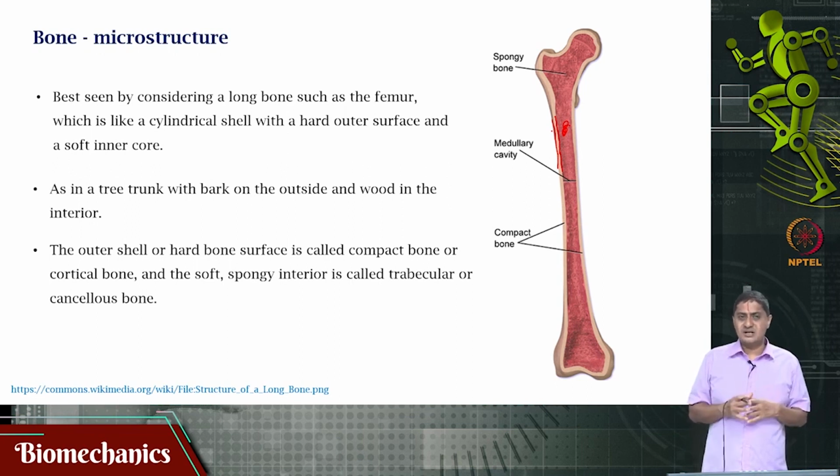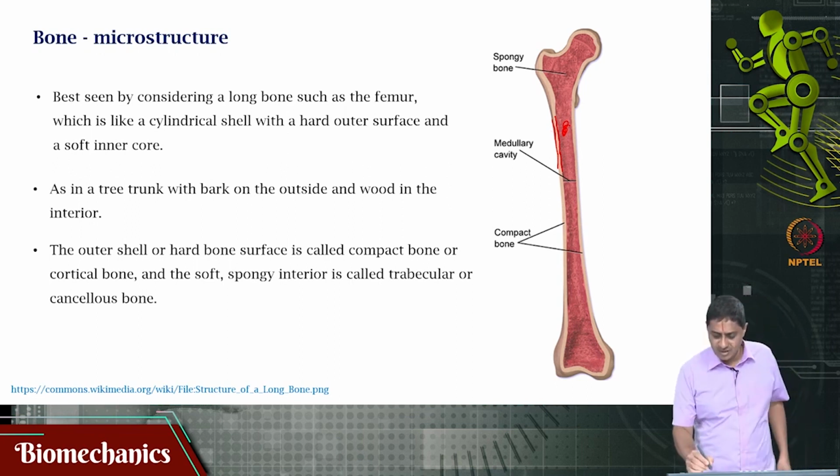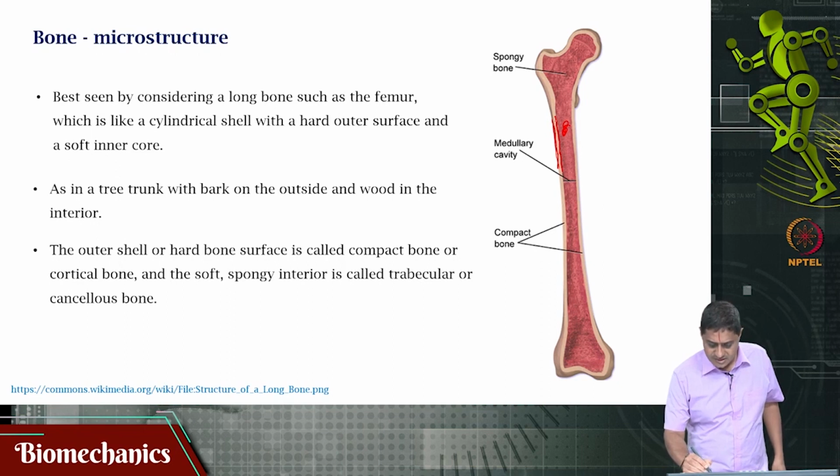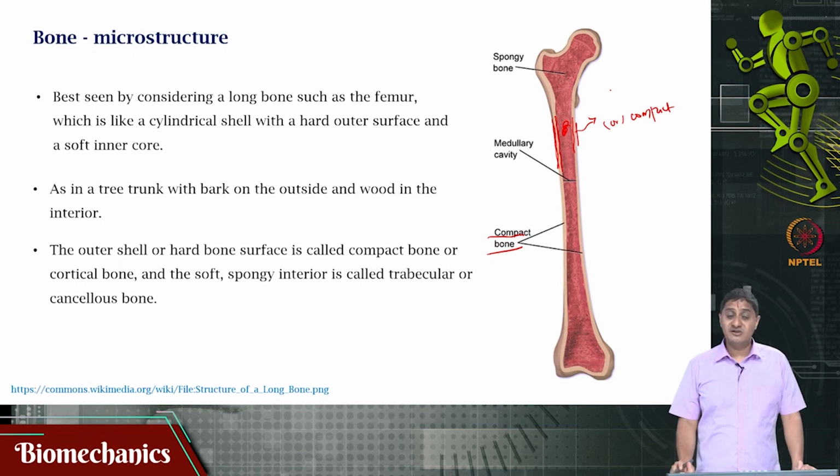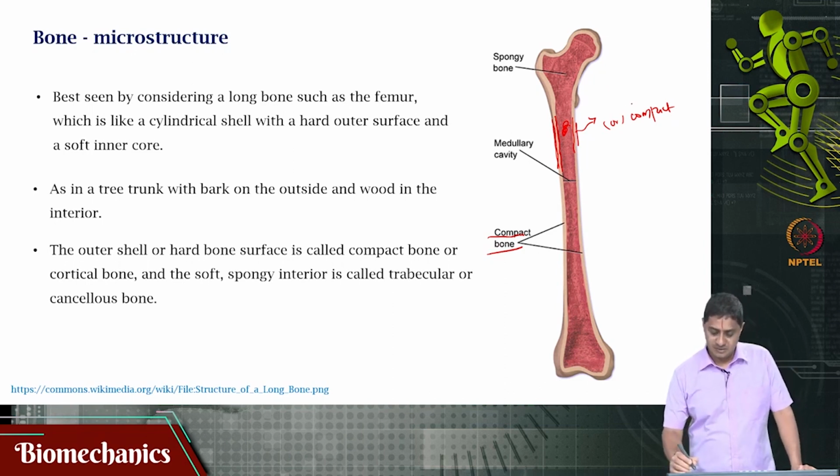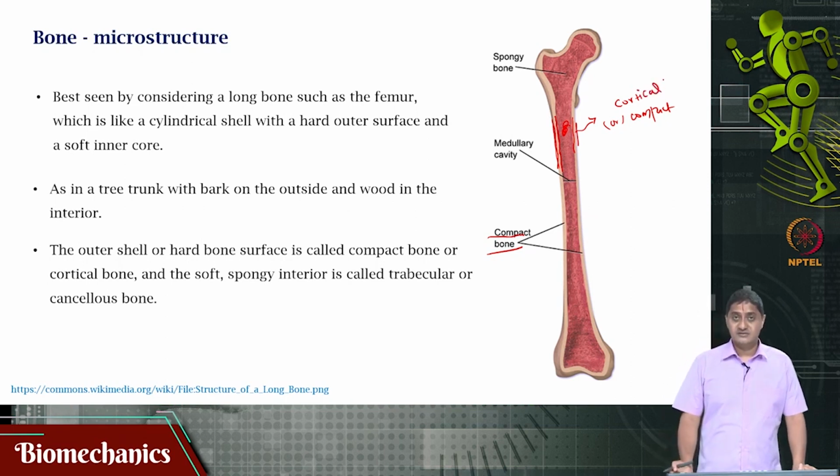The outer shell or the hard bone is called cortical or compact bone. Here it is mentioned as compact. The other name for this is cortical, not to be confused with the neural term cortical, which is referring to the cortex in the brain.